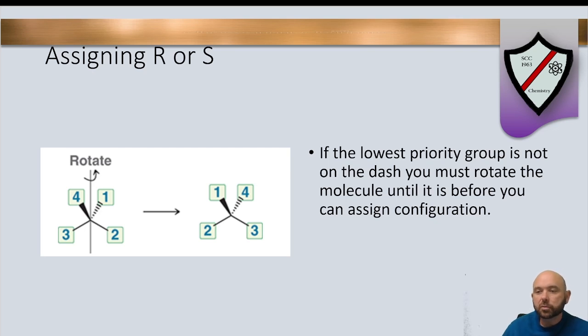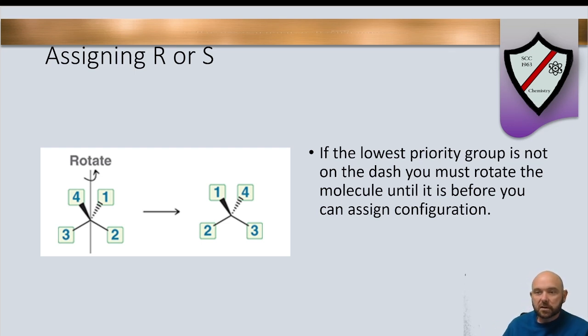So one of the hardest parts of assigning R and S when you're writing these molecules and designating their chirality is trying to get the lowest priority group on a dash if it is not there already. If the lowest priority group is not on a dash, you must rotate the molecule either by redrawing it or in your head until it is before you can decide if 1, 2, and 3 are clockwise or counterclockwise.